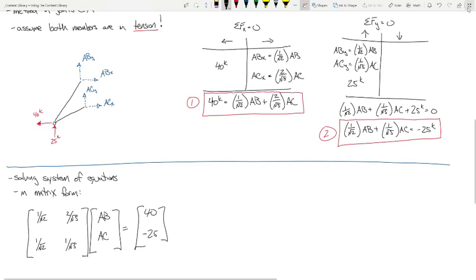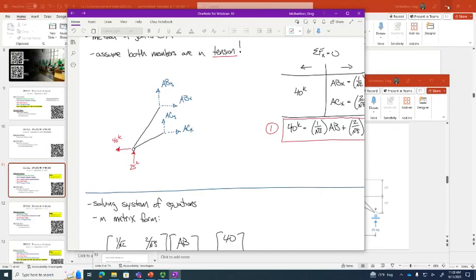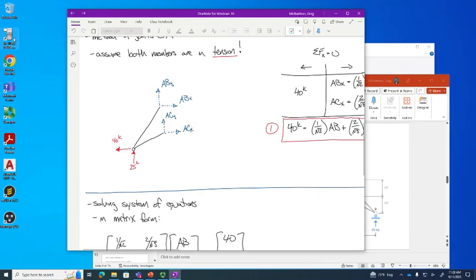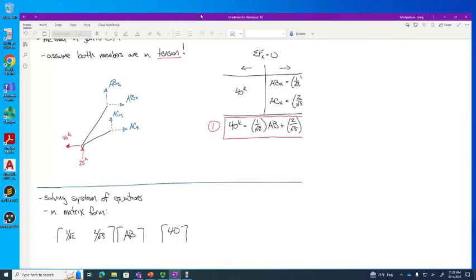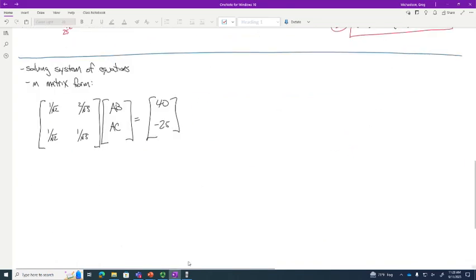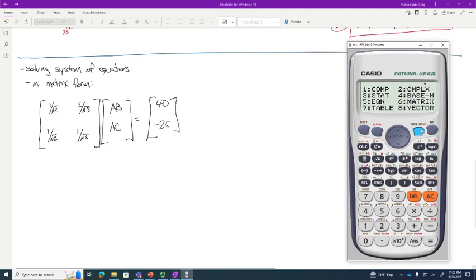The first, break out the Casio FX115 ES Plus. So I even have a little simulator for that right here. Alright, so I'll show you how this works. So we go to mode 5, equation 1, and what we're doing is we just enter in our terms and press enter.